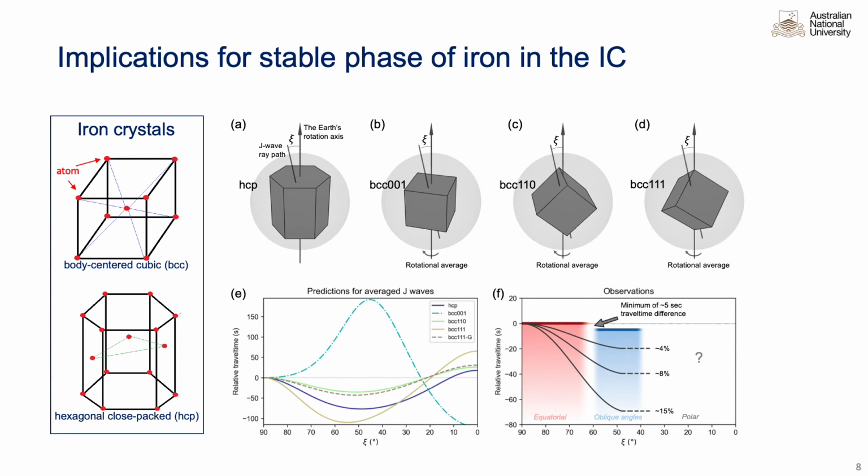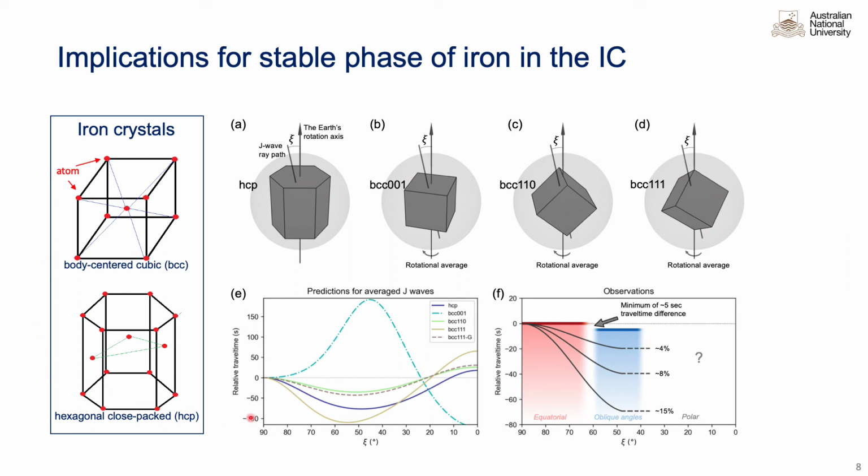Then, from our new observations, we would like to learn about the minerals inside the inner core that are responsible for the anisotropy. We all know that the inner core is made of iron, and the iron can have crystals in body-centered cubic (BCC) structure or hexagonal close-packed (HCP) structure. There are two candidate crystals inside the inner core.